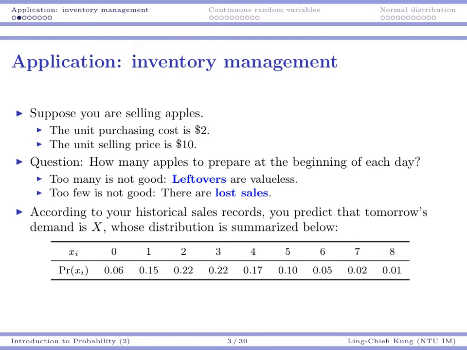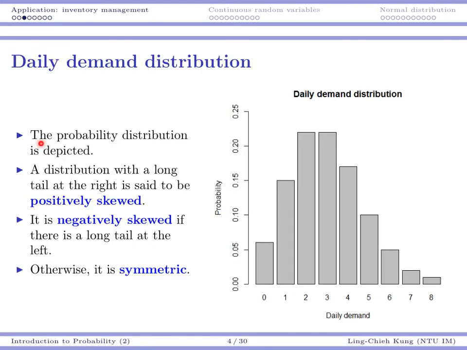So the probability for you to sell nothing is 6%. The probability for one guy to show up and want to buy the apple is 0.15. Here I assume each person is willing to buy only one apple. Okay, so the probability for you to have 2 units of demand is 22%, and so on. So the probability distribution can naturally be depicted like this.